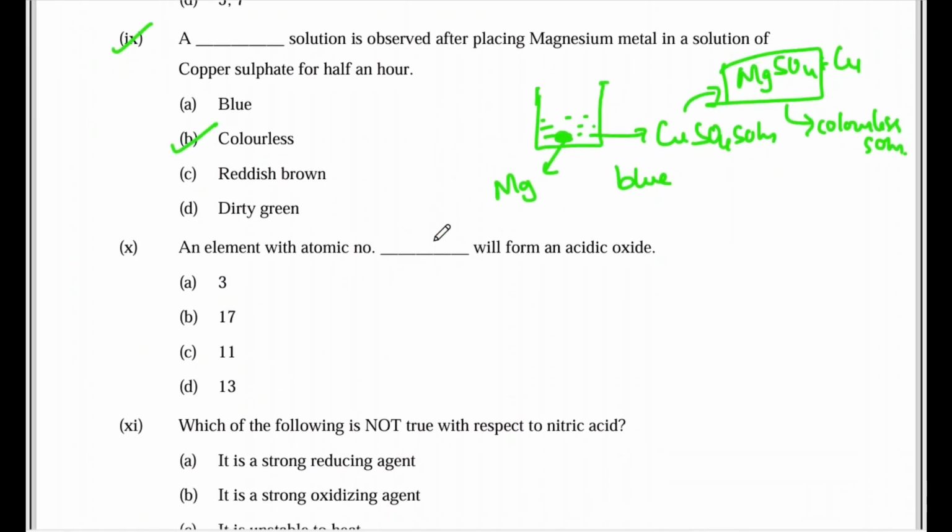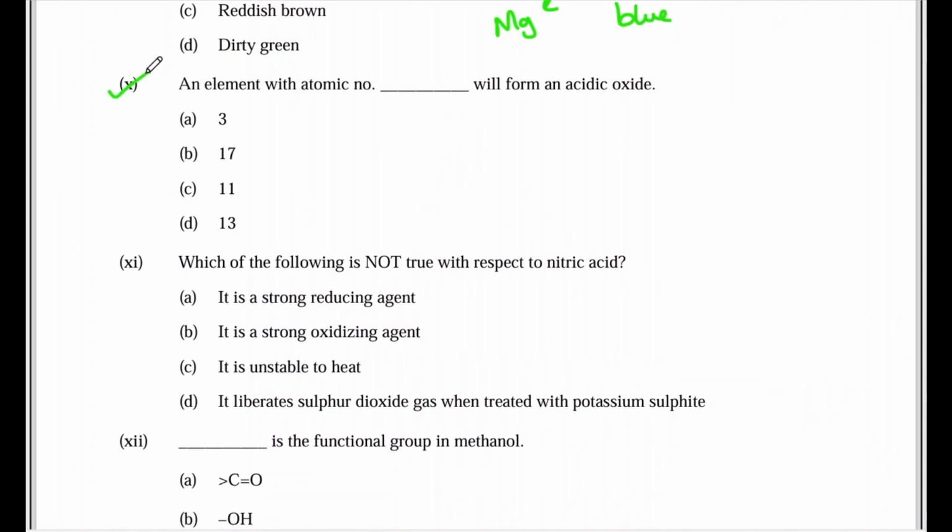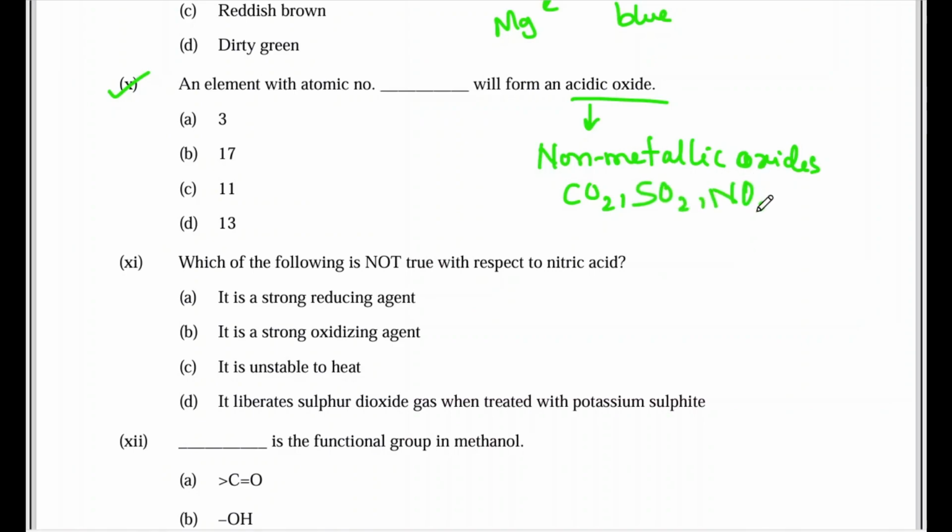Okay. 10th question. An element with atomic number dash will form an acidic oxide. Acidic oxides, which one? They are formed by non-metals. Non-metallic oxides will be acidic oxides, for example CO2, SO2, NO2. Non-metals should be there.